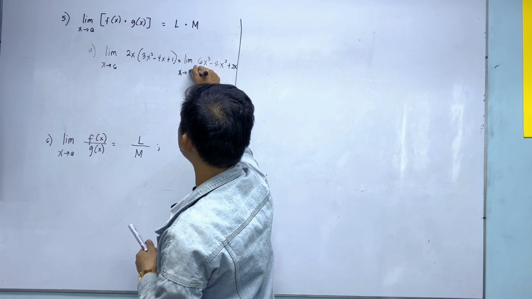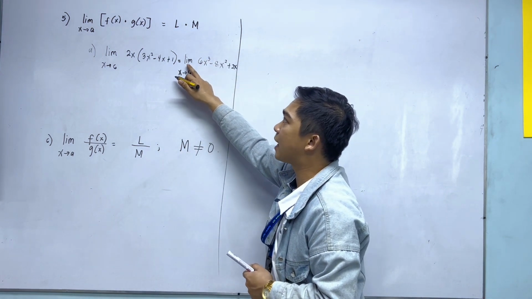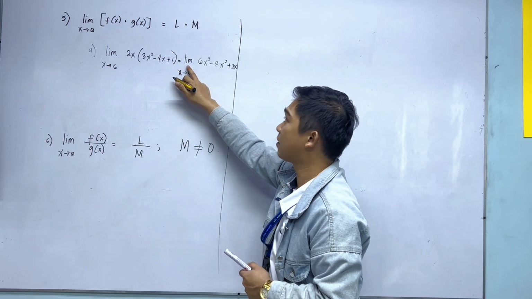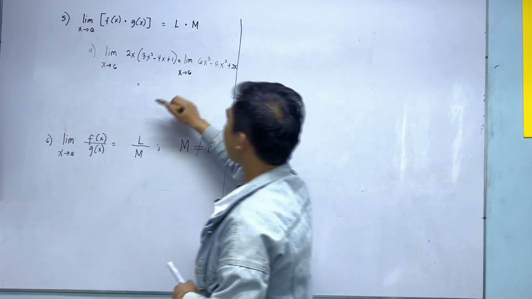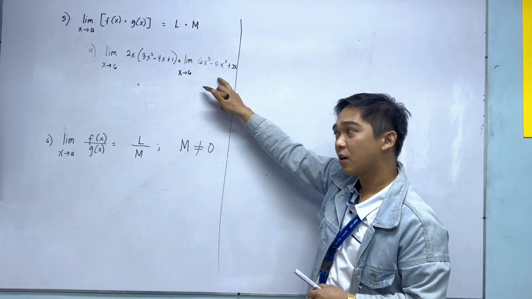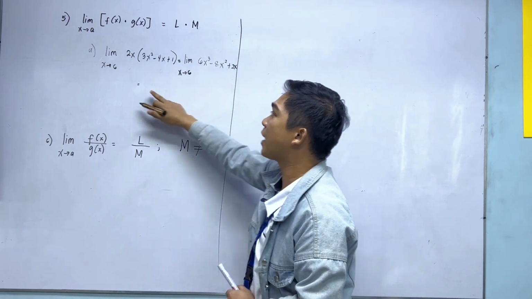As x approaches 6. Tandaan yung x approaches 6 natin dapat nasa ilalim ni limit. Bawal siyang pagala-gala kung saan yung gusto. Next, wala tayong parenthesis. We can now apply theorem number 4. Paghiwa-hiwalayin na natin.